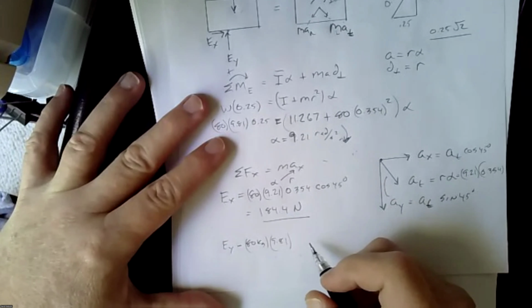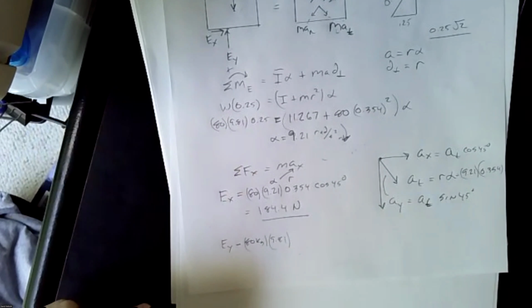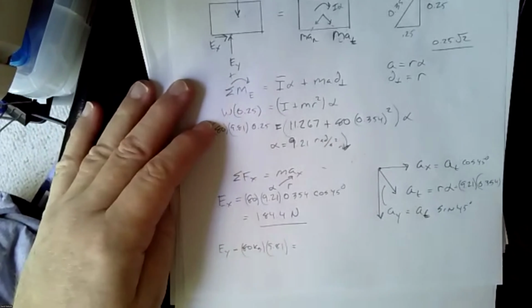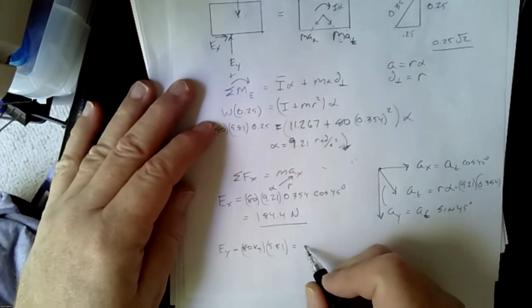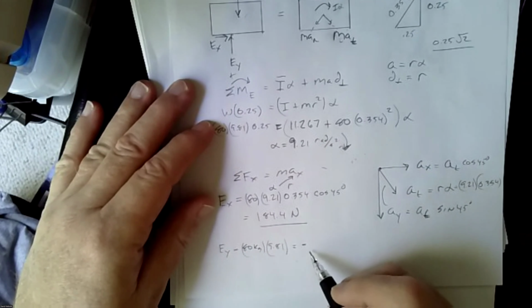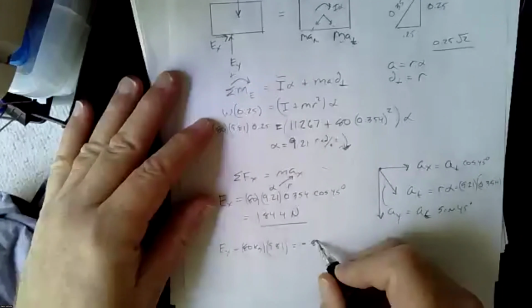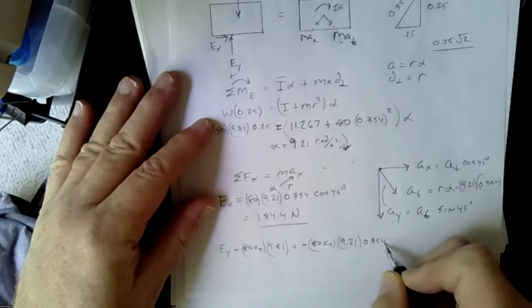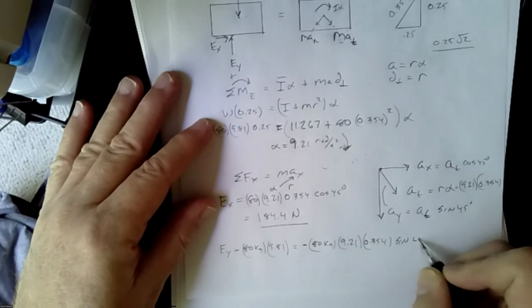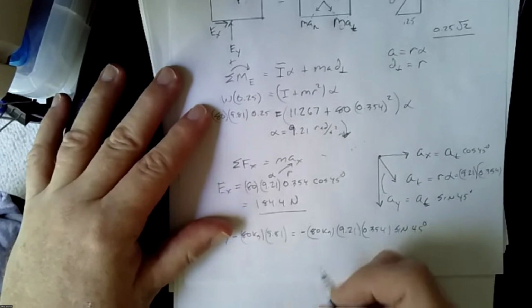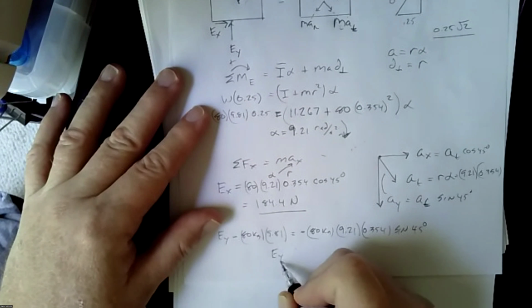And that's also going to be equal to, now the acceleration in the y is negative, so we have to put a negative sign there, right? Because we've defined it as going down. So we'll say equals negative 80 kilograms times 9.21 times 0.354 sine 45 degrees. All right.